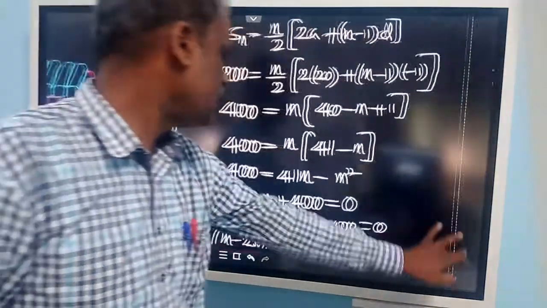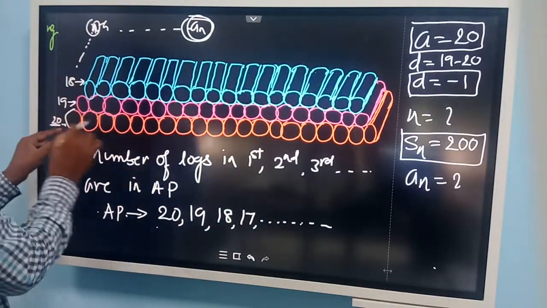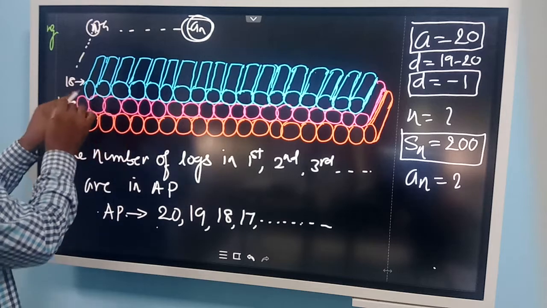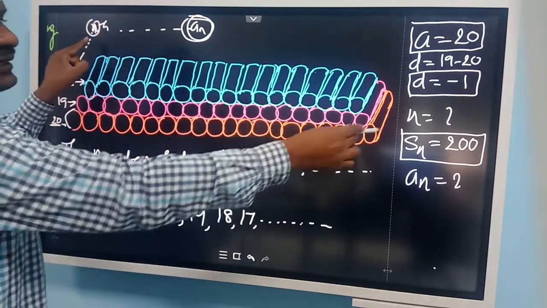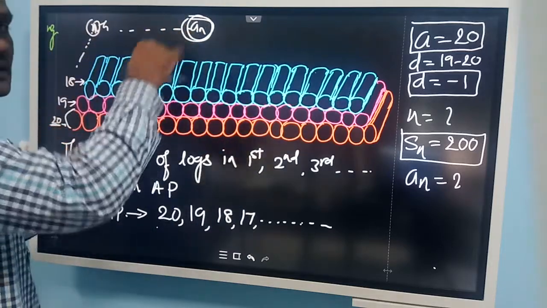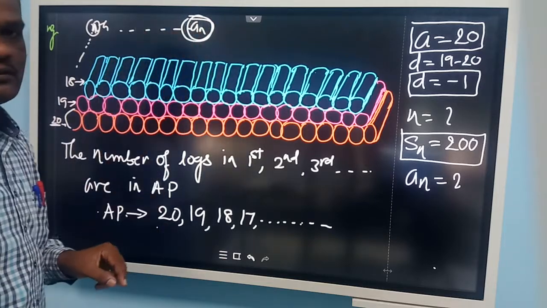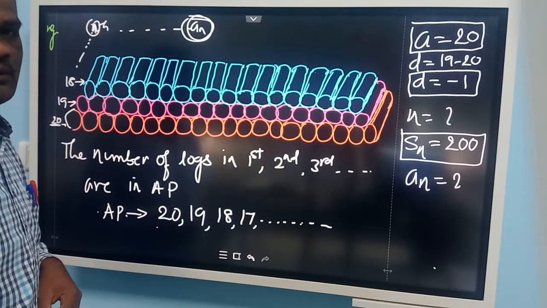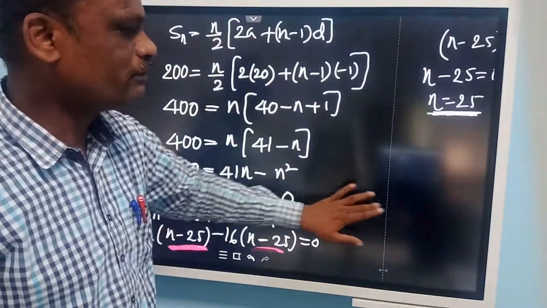So this is 20, first row, 19, second row, third row, 18. This is nth row. And how many blocks are in the top row, that you have to find out by taking the nth term formula, an. So now you have to verify for both.